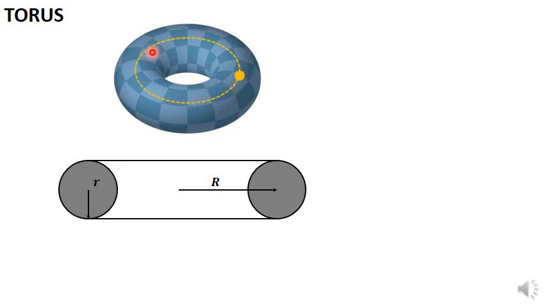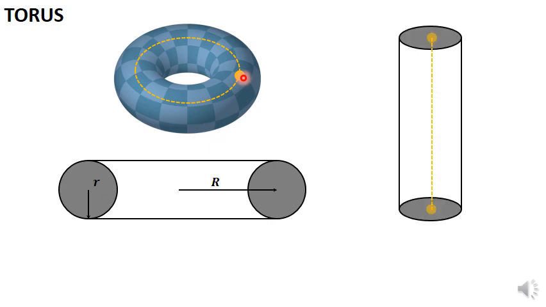If we cut the torus in that position, and then straighten it such that we have an upright torus like this one, what we generate is an upright cylinder. As you may observe, we still have the same. This circular portion here is this line here.